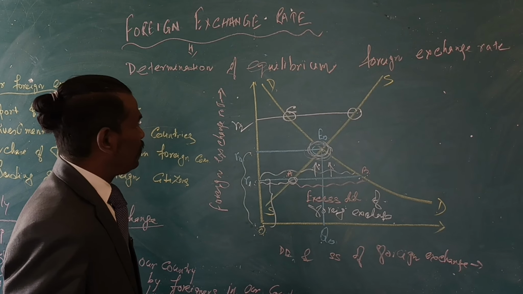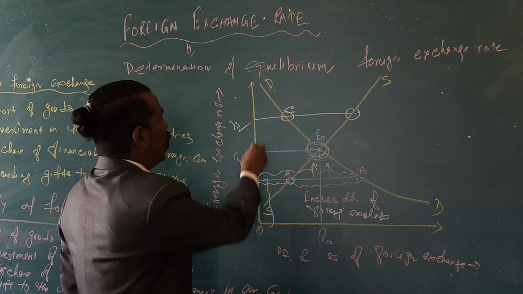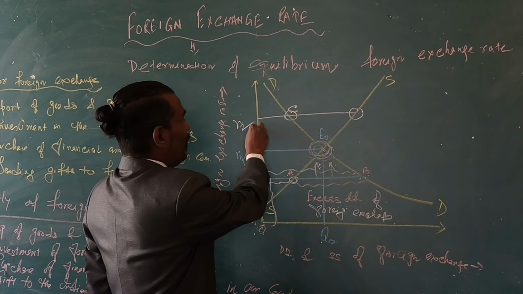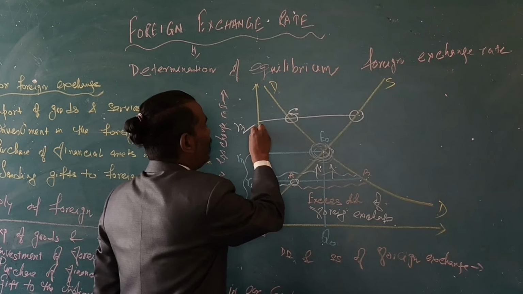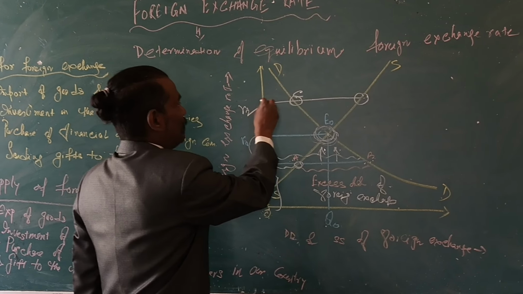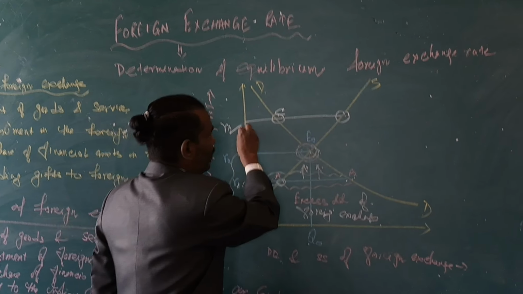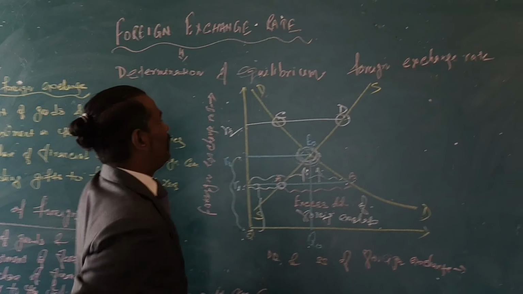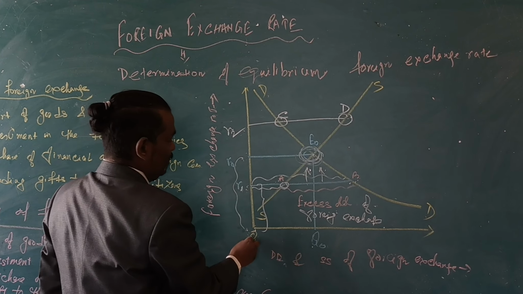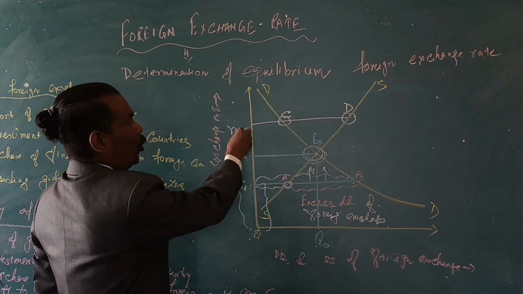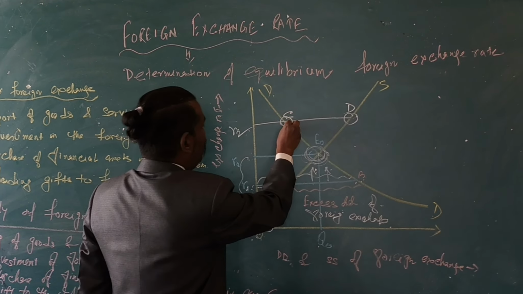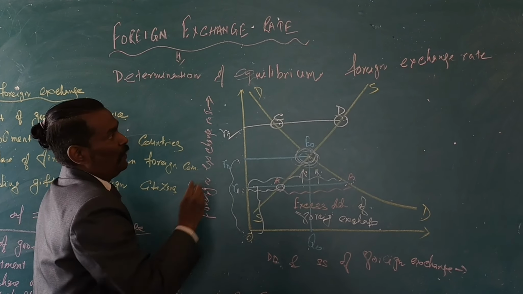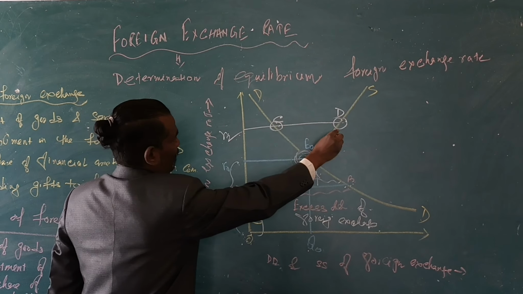What we can see is that at OR2, the market demand for foreign exchange is R2C, whereas the supply of foreign exchange is R2D. So at the exchange rate OR2, the demand for foreign exchange is R2C, whereas the supply of foreign exchange is R2S.